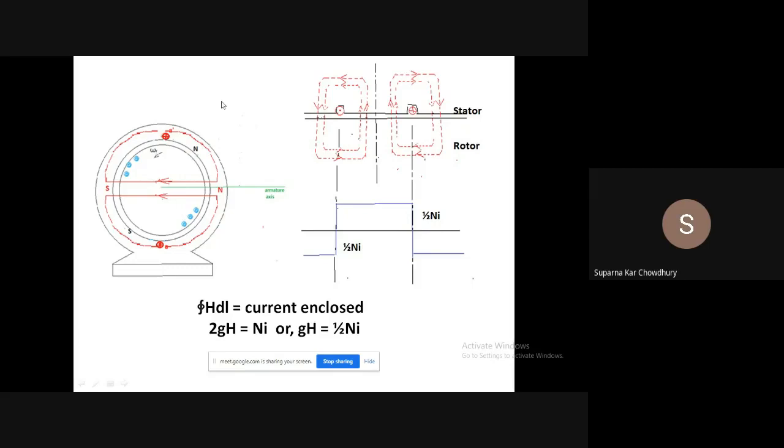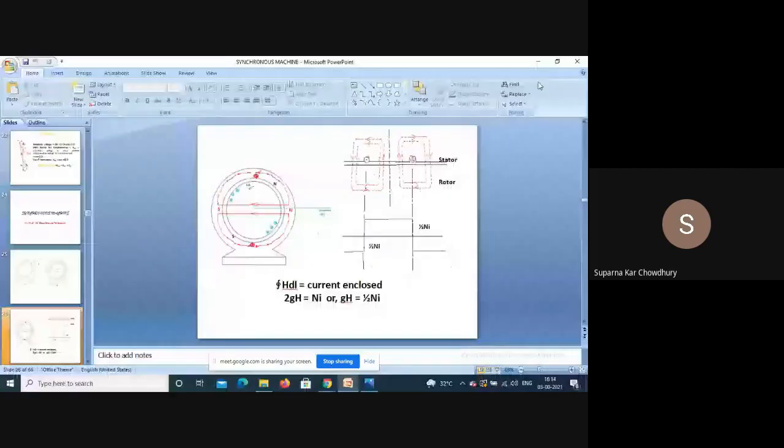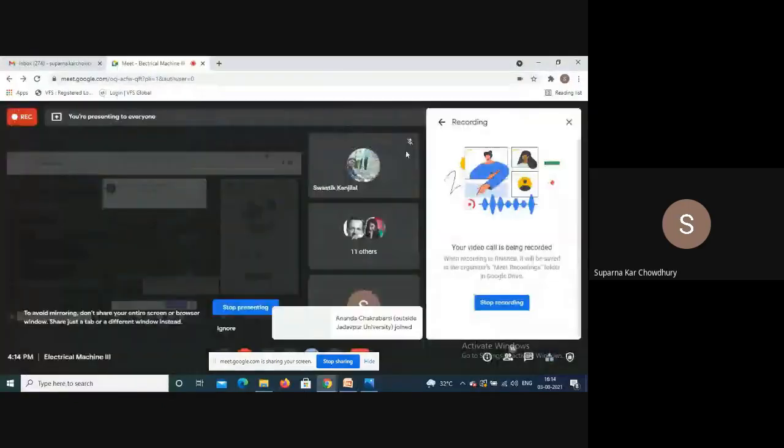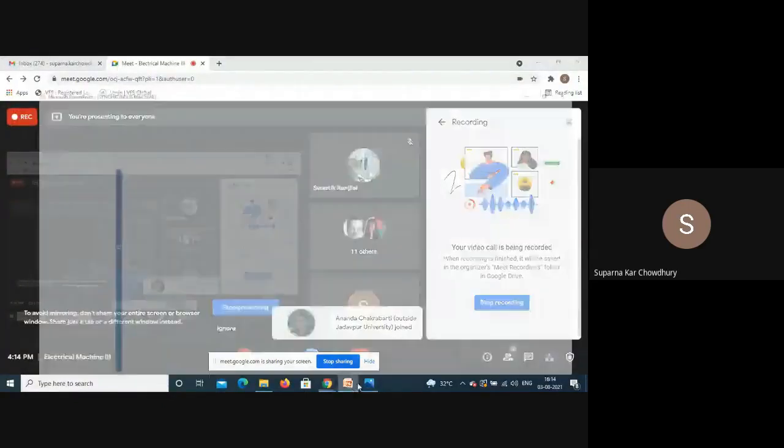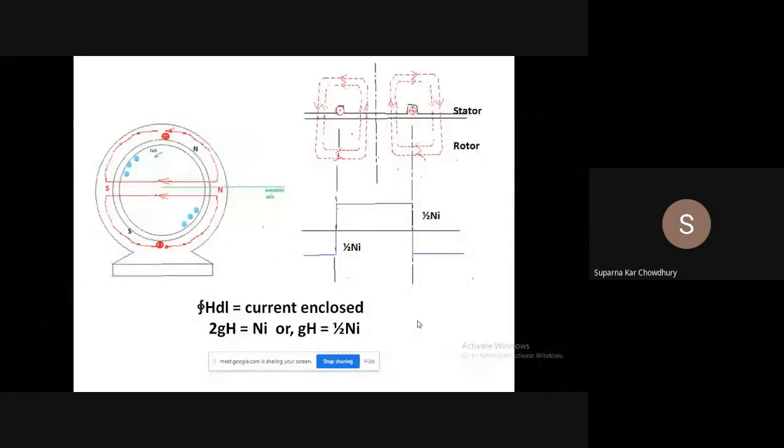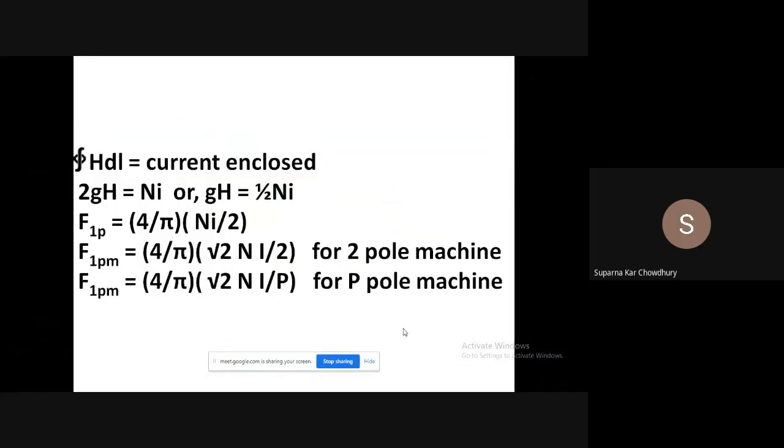If the winding is distributed like this, we will have a rectangular MMF distribution. So the integral of H dl is equal to the current enclosed, and we got GH equal to half NI.